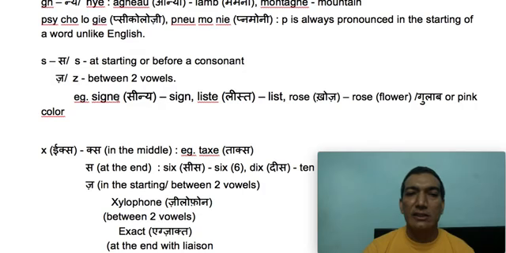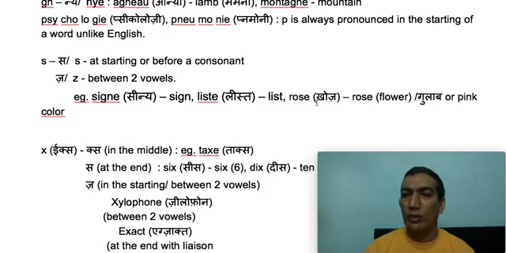Okay. Jn is near, so you remember senior. And whenever it comes before a consonant, it is pronounced also sir. So least. But when it is between two vowels, then it is pronounced as z. So rose, rose means flower, rose or pink color.